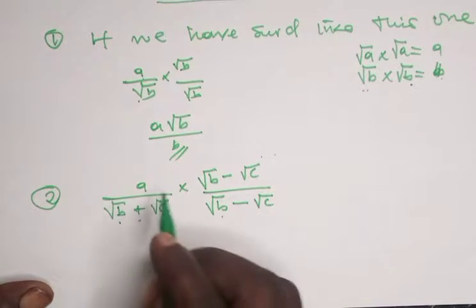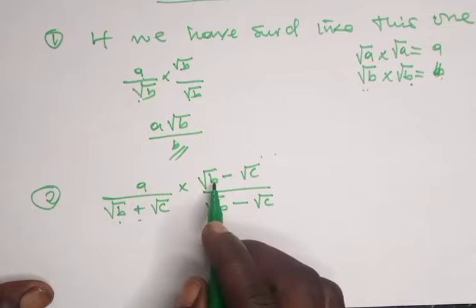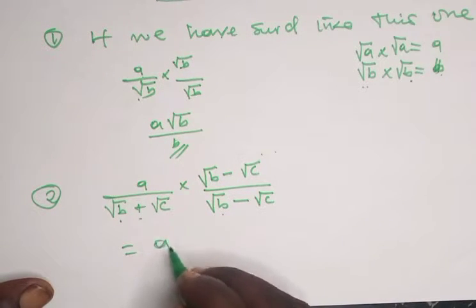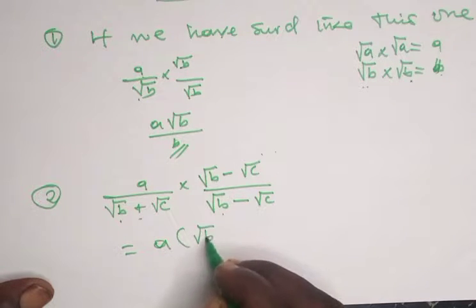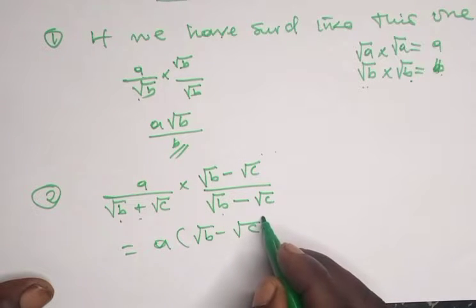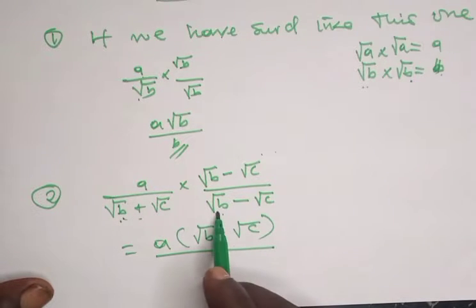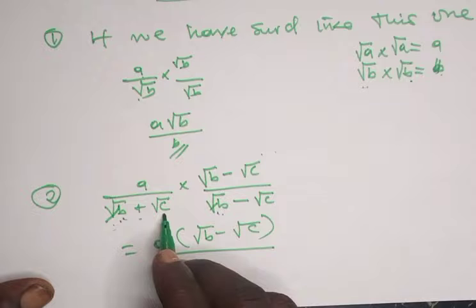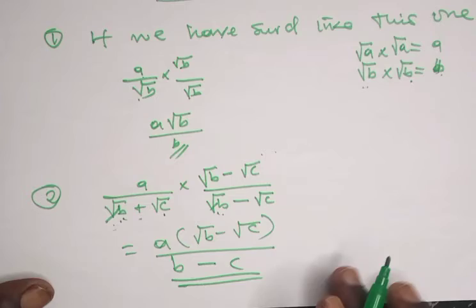So here it will be a times open bracket square root b minus square root c, close, over. Remember, if we multiply square root b times square root b, it's b. Then minus root c times root c will be c. So the final answer is a open bracket root b minus root c close over b minus c.